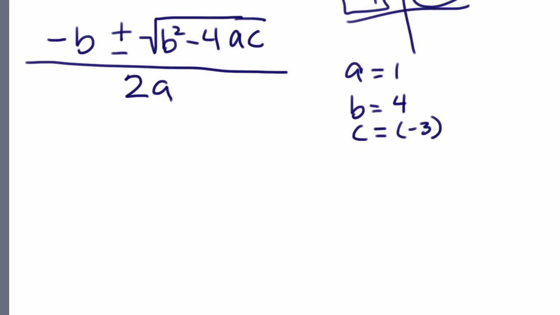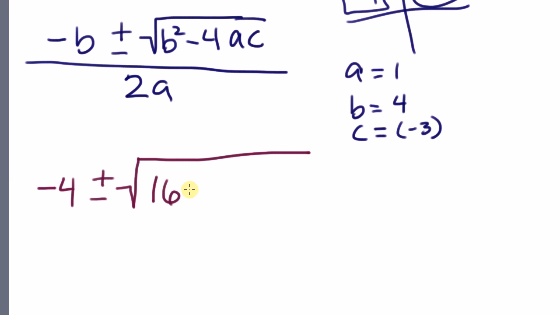Alright, so then it's just plug and chug. The opposite of b is going to be -4. And then we're going to have plus or minus the square root of b squared, which is going to be 16. That's 4 squared.